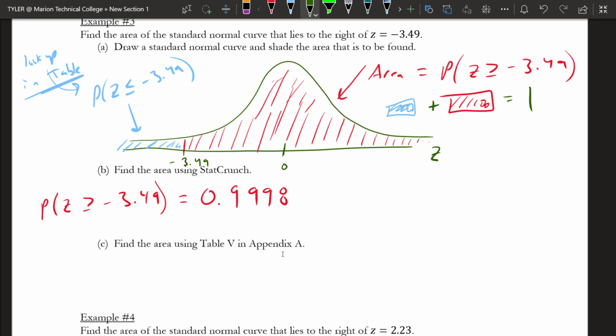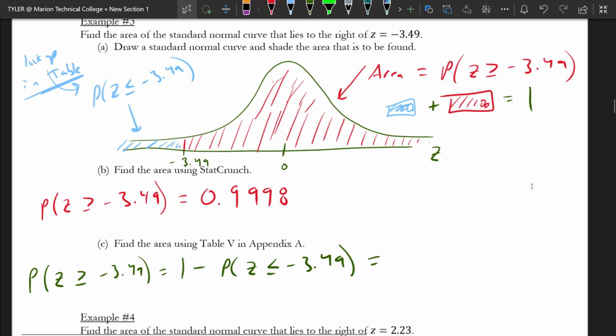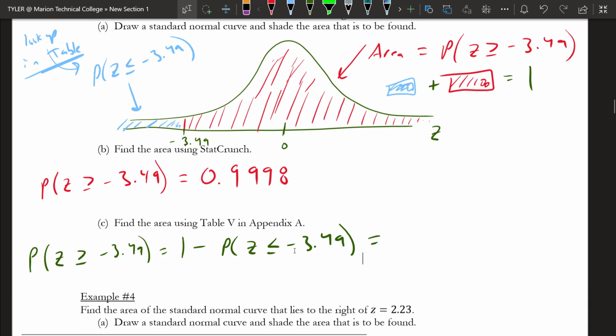Because these are complements of each other, using the complement rule, the probability of z greater than or equal to negative 3.49 is going to be equal to 1 minus the probability that z is less than or equal to negative 3.49. So if you want to find area to the right of a value, you just take 1 minus the area to the left, because the total area of the curve has to equal 1 or 100%. So that's the basic idea of this.